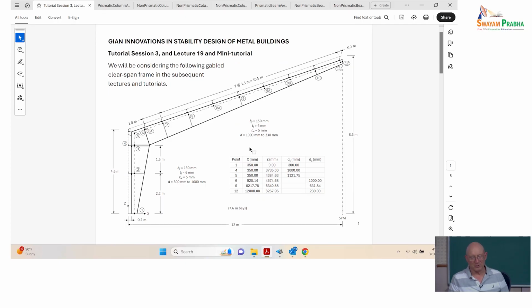Belint may talk about some of that in his later lectures looking at stability bracing with metal buildings. But the idea is there's a cost associated with each of those diagonals.